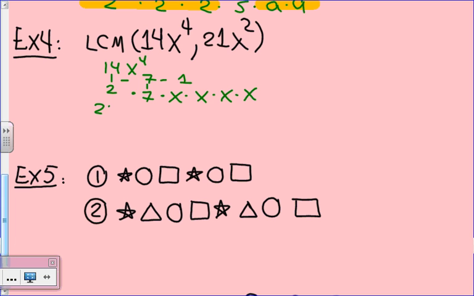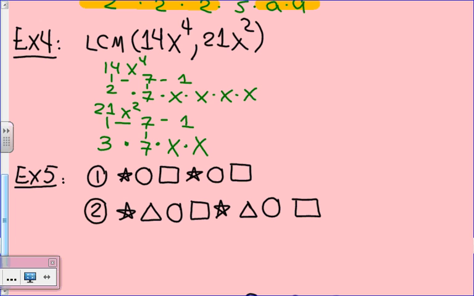For the 21x squared, we can't divide by 2, so we start with 3. And we get down to 7, can't divide by 3, divide by 7, and we get down to 1. And we list the x twice.